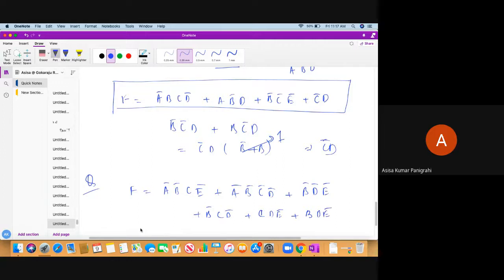This is what you have to simplify. Obviously it is 5 variable, you have to find out the canonical SOP. This is not in canonical SOP. Find the canonical SOP, then construct the full K-map and minimize F. Okay, so understand what you need to do.